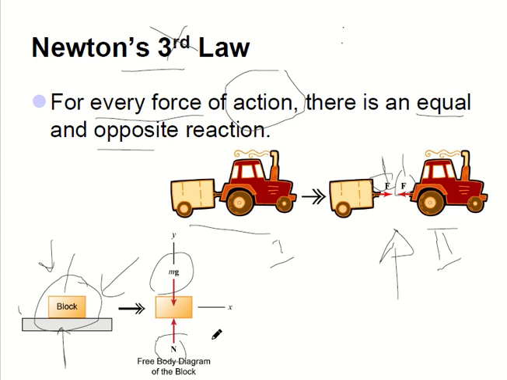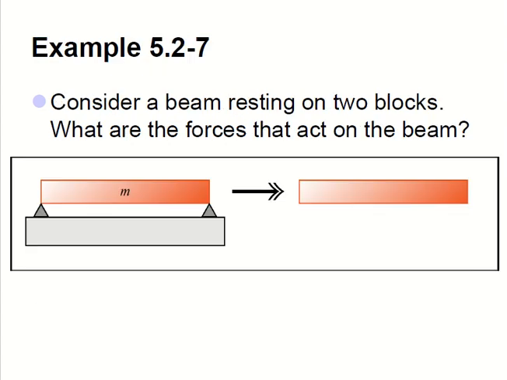So here's your free body diagram of the block, and we can see the forces acting on it. Every force of action: this force is the force of the gray object on the orange block. The weight of the block is the force acting on that gray object. And of course, these are our x's that we use to analyze these forces.